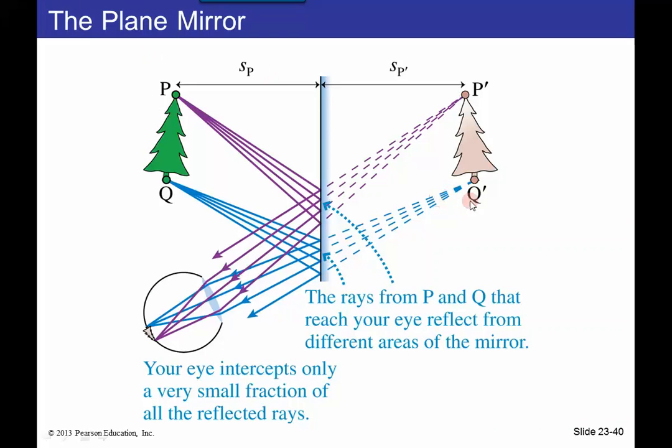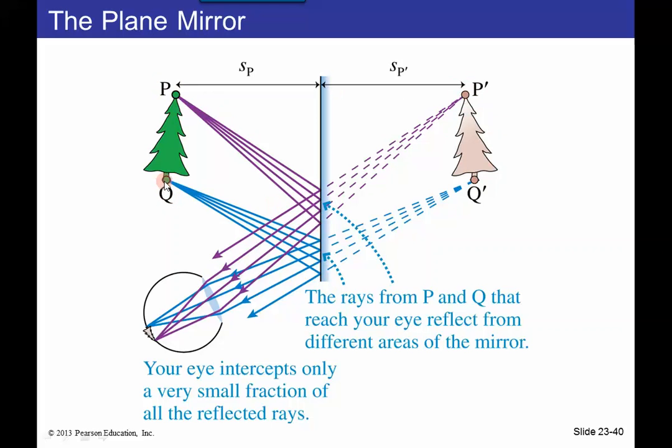Then we can think about objects, right? So now we have this pine here, and we have lights coming from both P and Q, and they get reflected here. The light coming from P looks as if it's coming from P prime.